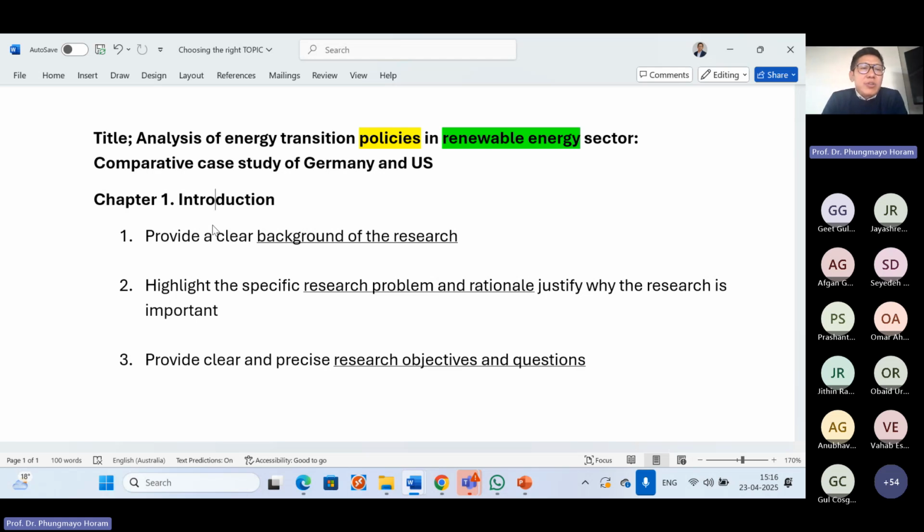So first, the first section is providing a background of your research. Remember, background and the research problem and rationale are different.